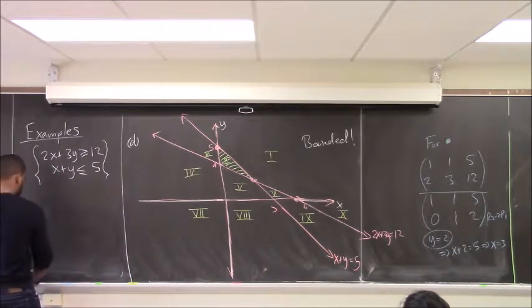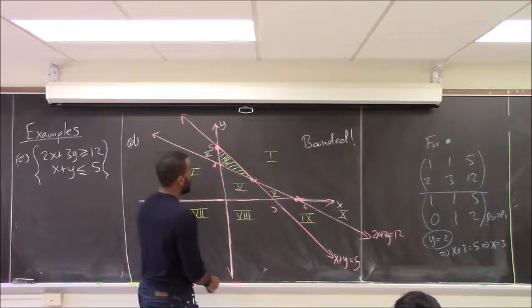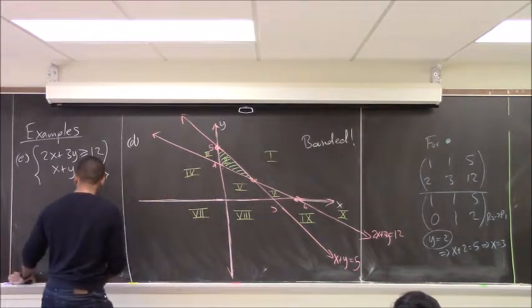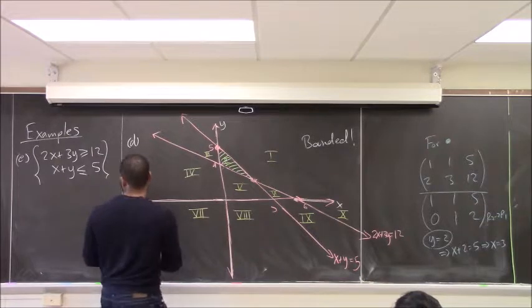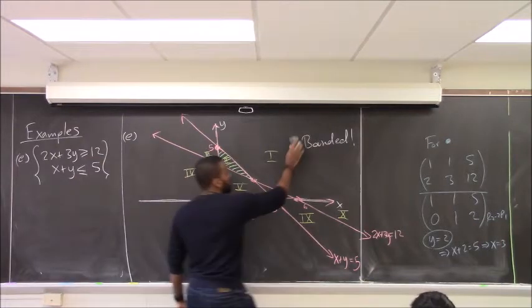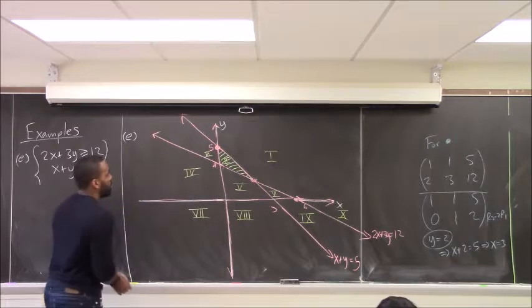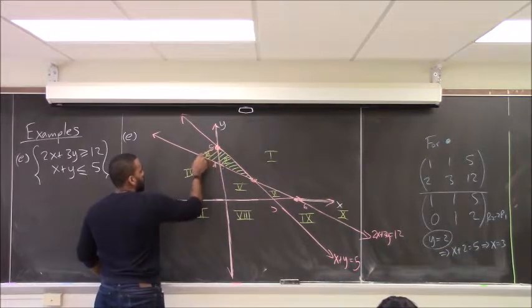For E, we kept the same thing as D, but we removed the last 2. What results when I do that? It expands to cover region 3 as well. And it just keeps going, because now it doesn't have to stop at the y-axis.